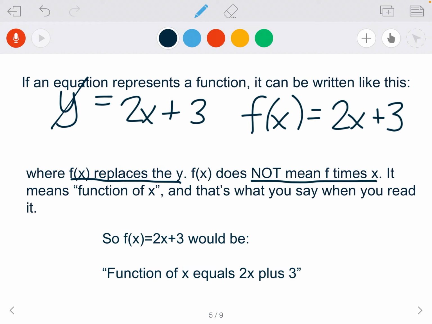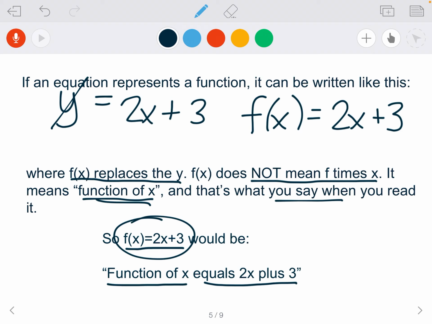I know we're used to seeing parentheses meaning multiplication, but in this case, the parentheses does not mean multiply. It means function of x. And that's actually what you say when you read it. So f(x) equals 2x plus 3, you would say function of x equals 2x plus 3 if you're going to read this out loud, okay?